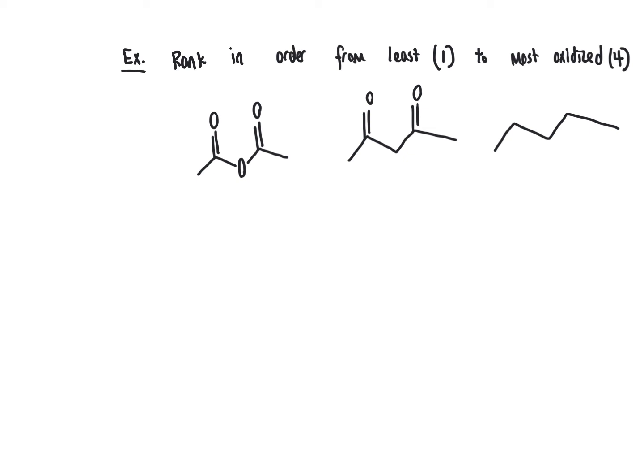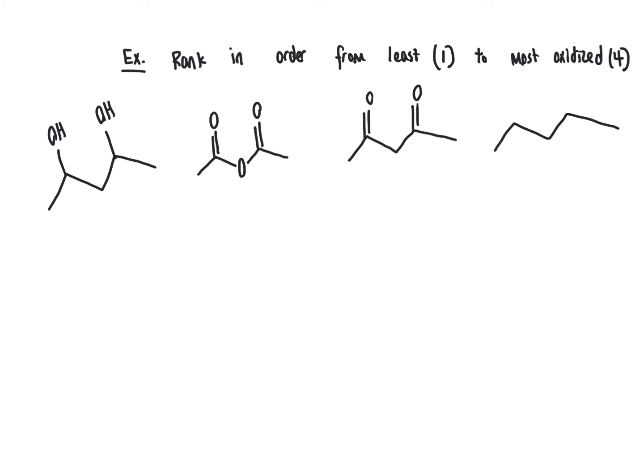All right, so taking a look at our structures here, and we need a 4th structure in there as well. We will rank these according to most oxidized as number 4, least oxidized as number 1.